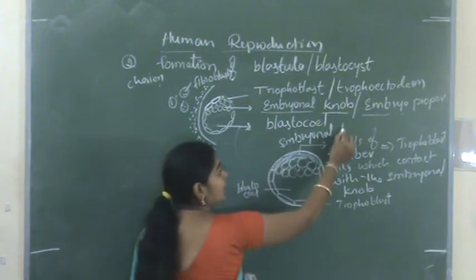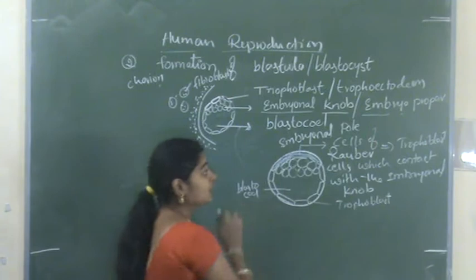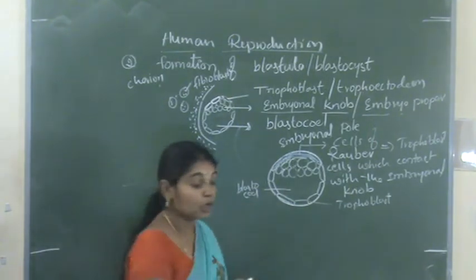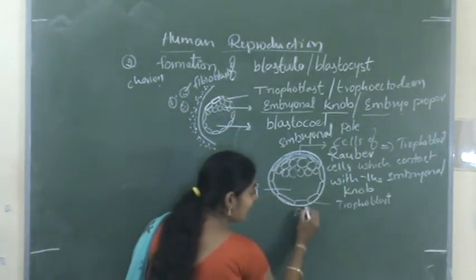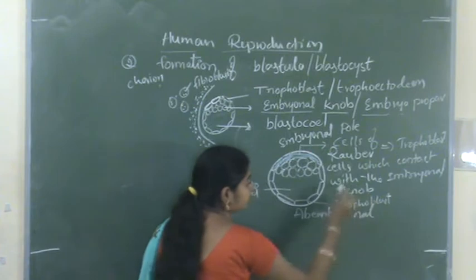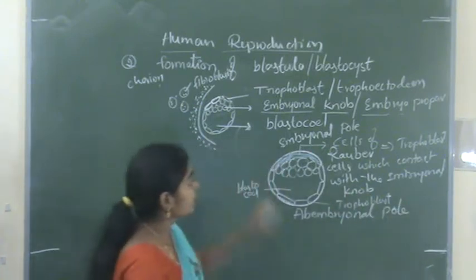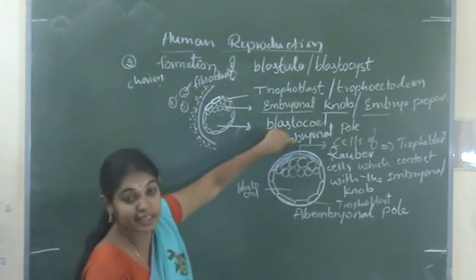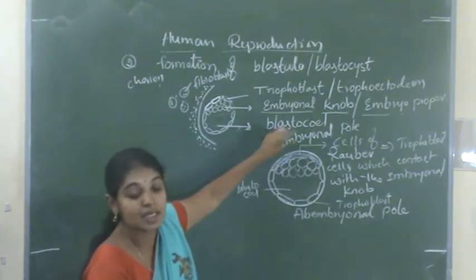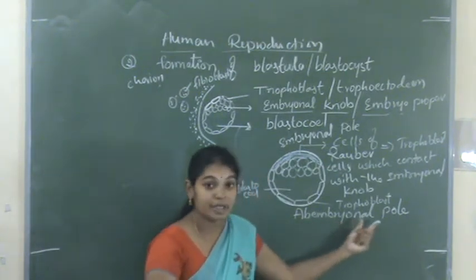And the opposite side of the embryonal pole is known as the abembryonal pole. This is the embryonal pole where the embryo proper is present, and the opposite pole is known as the abembryonal pole.